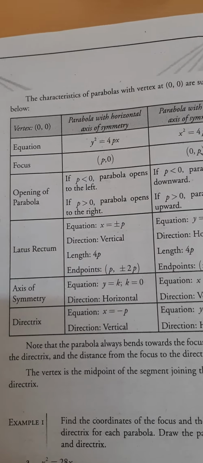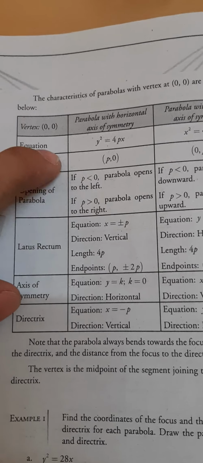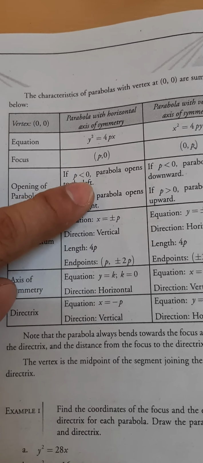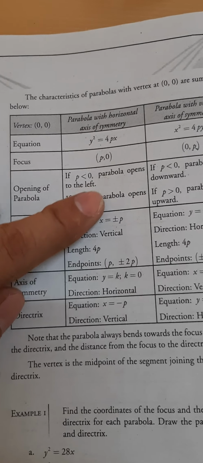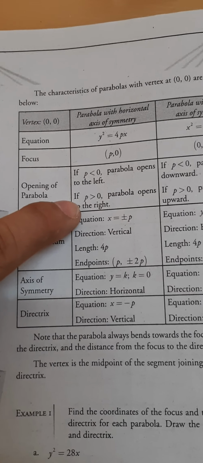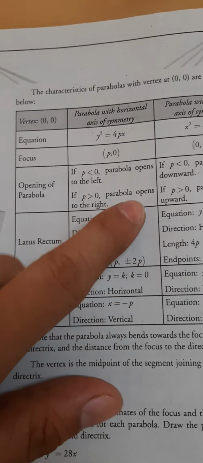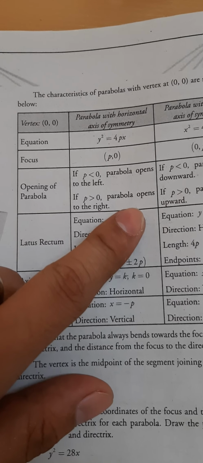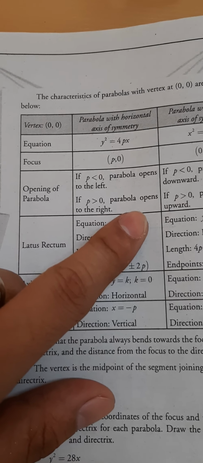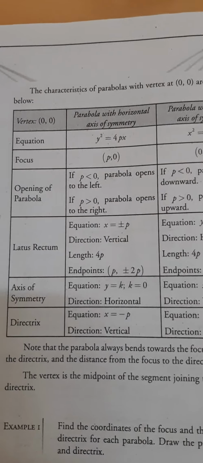Next, for the opening of the parabola, these are the conditions to be considered. If p is less than 0, the parabola opens to the left. However, if p is greater than 0, the parabola opens to the right. Later, I will give you examples about these characteristics.